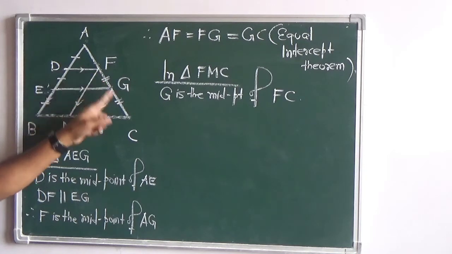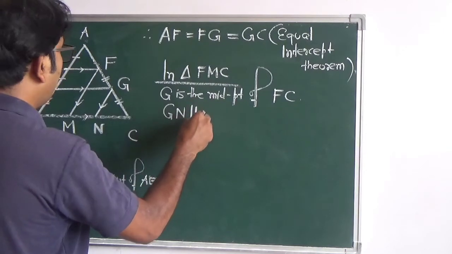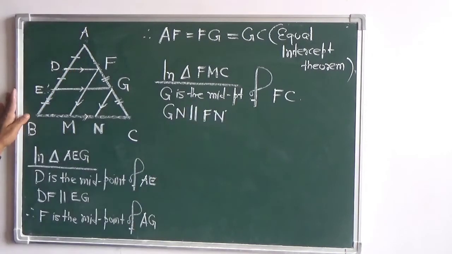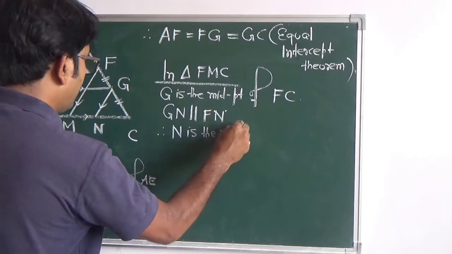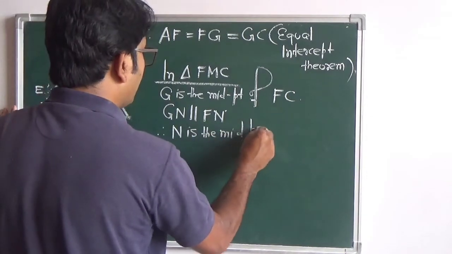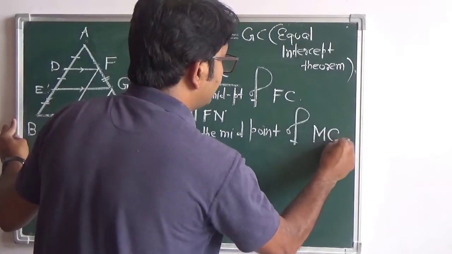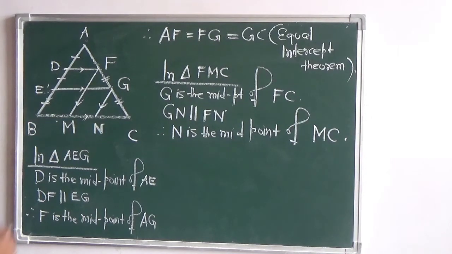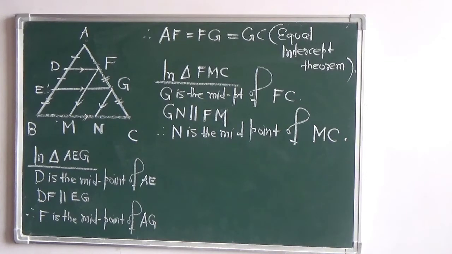So if G is the midpoint of FC and GN is parallel to FM, we can say that N is the midpoint of MC. So GN is parallel to FM, so N is the midpoint of MC.